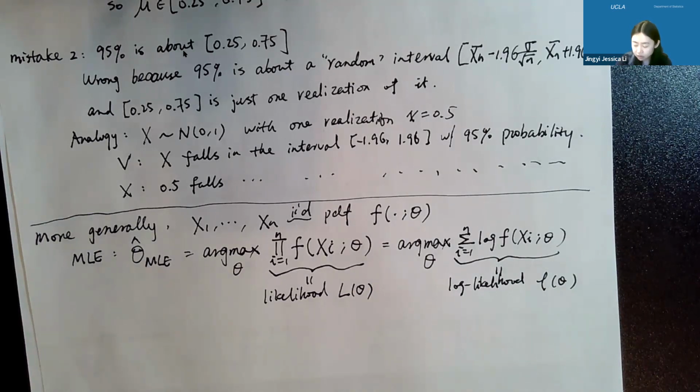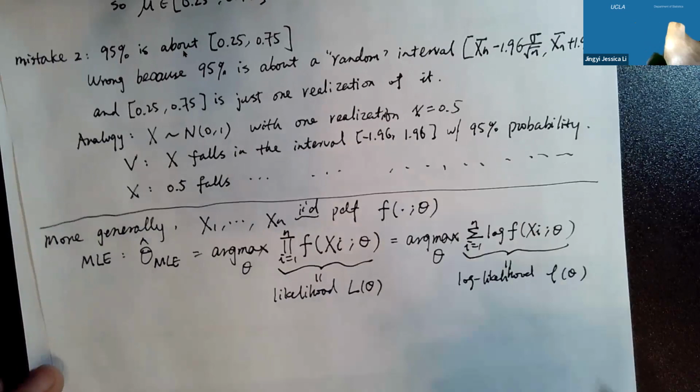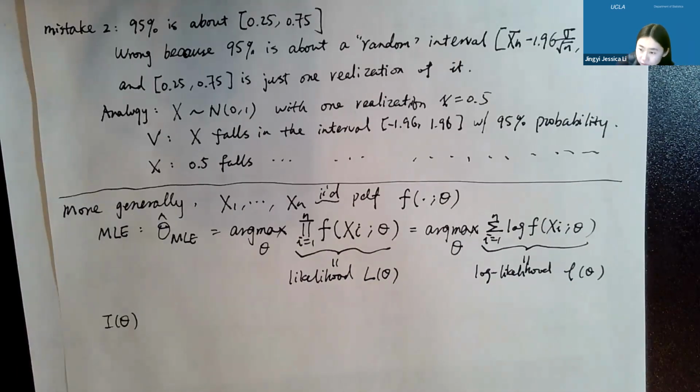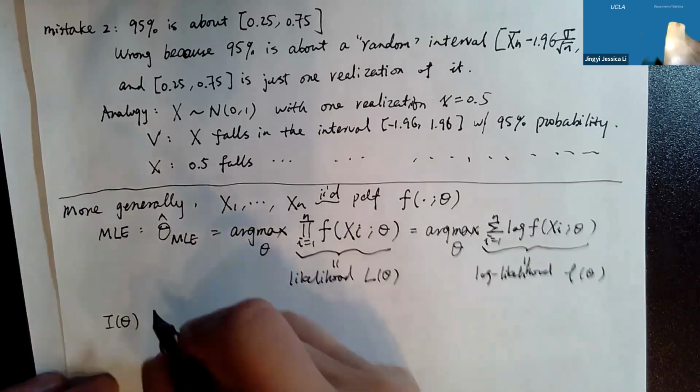So we know the theory of the MLE, right? The asymptotic distribution of the MLE would involve the Fisher information, I(theta). So how do we compute that? That's also a question. Regarding the Fisher information, recall that we define it in two ways.